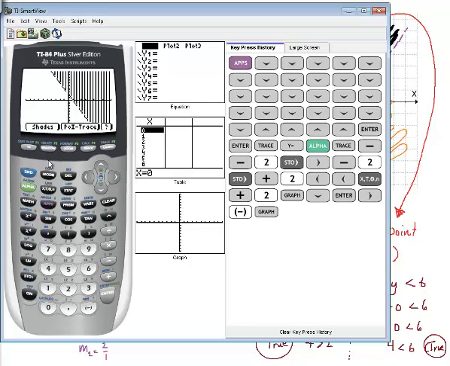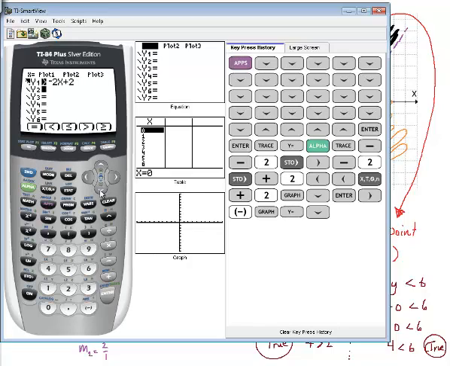Okay, so go back to y equals, and scroll down to the next one. This one was y greater than 2x minus 6. Again, we hit alpha trace to change it to greater than, then arrow over to the next line and type in 2x minus 6, and we'll graph that as well.